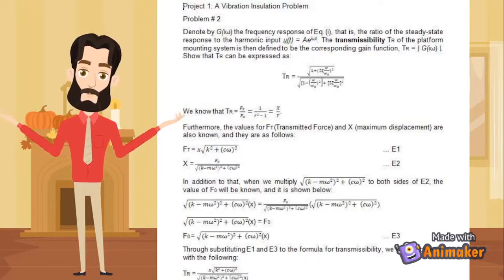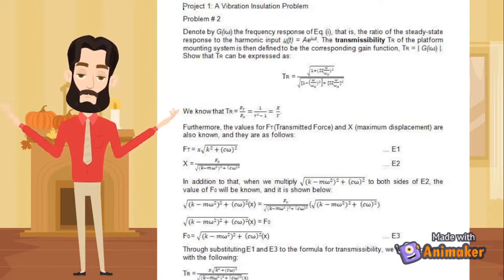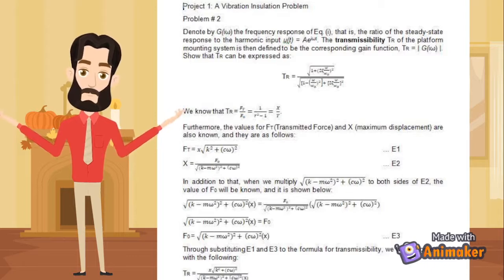For the maximum displacement, it is equal to f naught over the square root of the quantity k minus m multiplied by omega squared, plus the quantity c multiplied by omega squared. This will be known as equation 2.